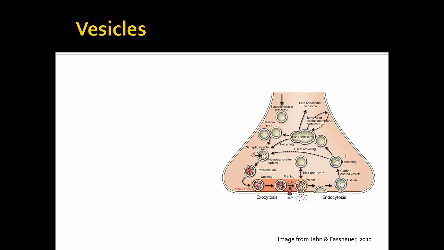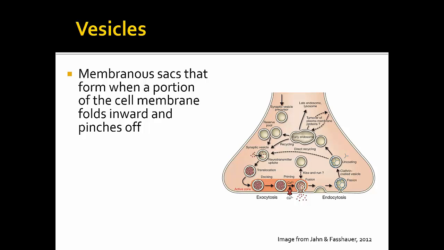Okay. The next organelle is the vesicle. Vesicles are membranous sacs that form when a portion of the cell membrane folds inward and pinches off. We talked about endocytosis and exocytosis. Those are vesicles. So this one is endocytosis, a vesicle being formed, going inside the cell, getting pinched off, and becoming a vesicle.